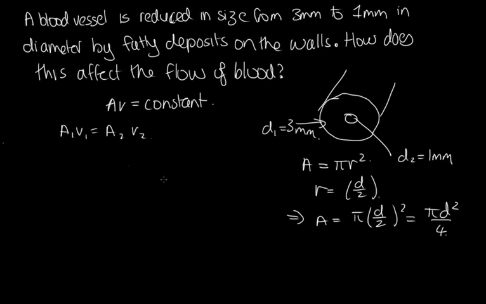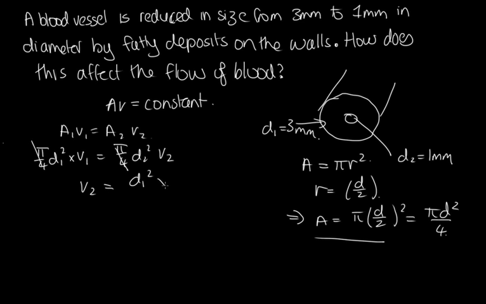So we've got A1, which is pi on 4 D1 squared, times V1 is equal to A2, which is pi on 4 D2 squared, V2, just substituting in for the cross-sectional area from down here. And so these pi on 4s will cancel each other out, and so we've got the velocity through the reduced section is equal to D1 squared times V1 over D2 squared.